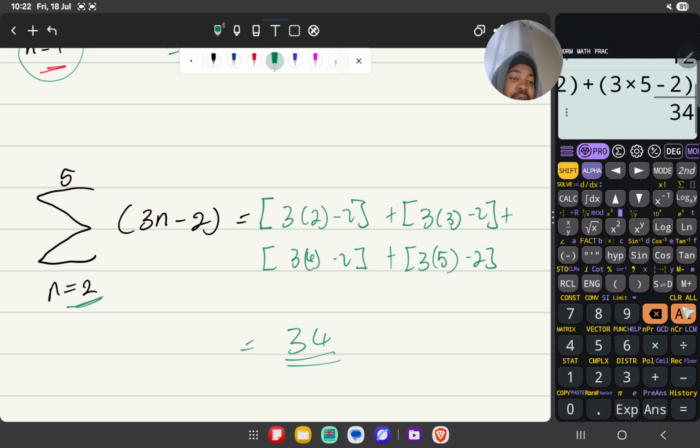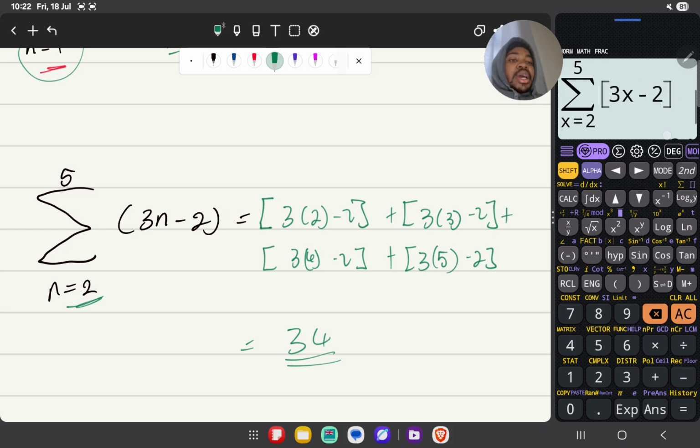Now I want to show you something. We do have it in our calculator. Shift, there we go. Here we have 5, we have 2, and then 3 alpha x minus 2, and we're getting 34. So we do have it in our calculator.